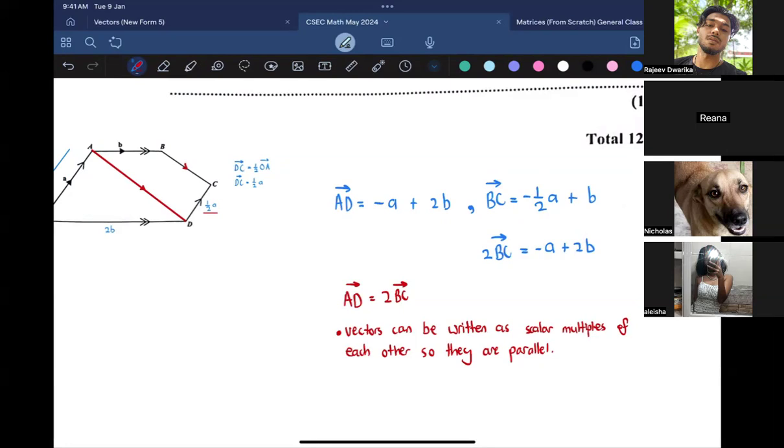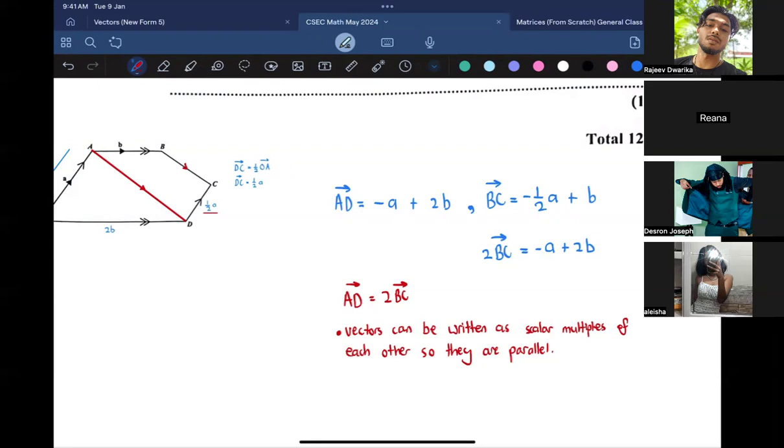All right. So let's run. A to D and B to C, just by looking at it, they're looking parallel to each other. Which one looks bigger? A to D. If two vectors are parallel, it means they have the same base, the same stem. It's the same vector, we're just multiplying by some number.